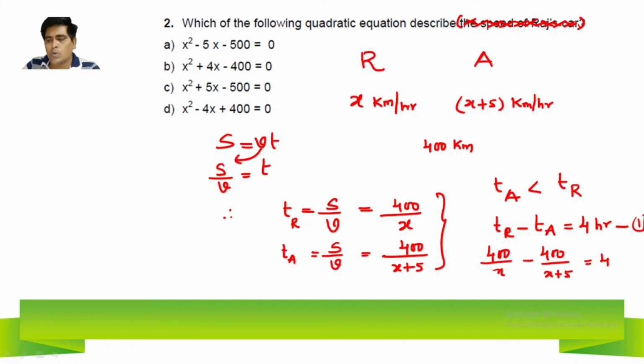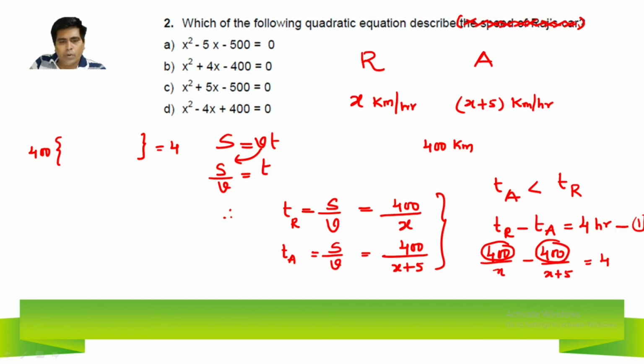Now we have to solve this equation, and then we'll get a quadratic equation. So I am solving it. I am taking 400 common in both the terms, and that is equal to 4. I could see 400 here and 400 here, so I am taking 400 common in both the terms.